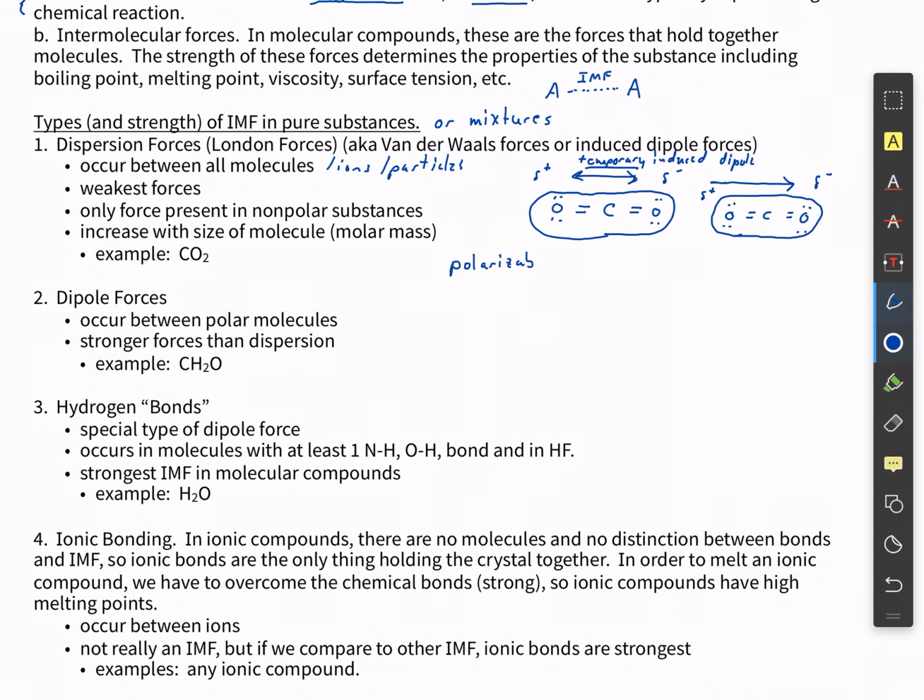It's called polarizability. And this is an ability of an electron cloud to deform, causing these temporary dipoles, these temporary uneven shifts of electron density.